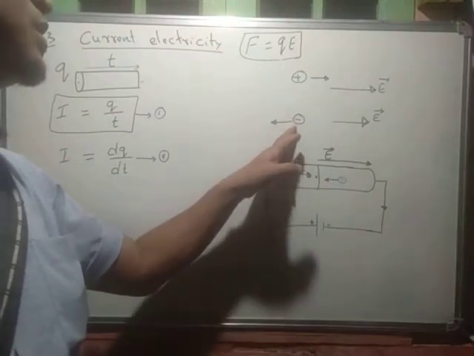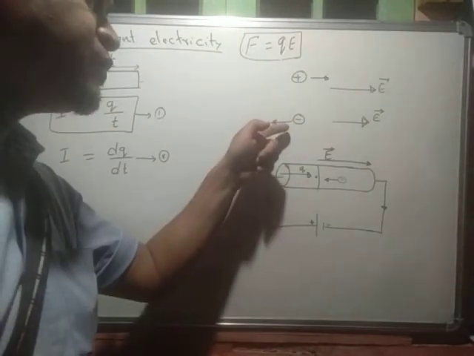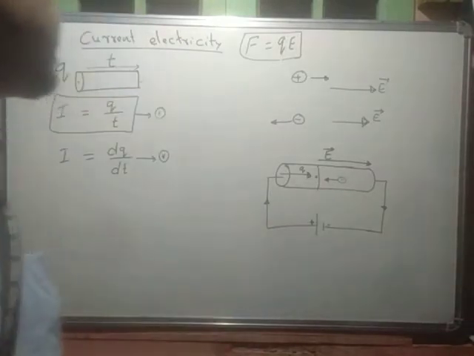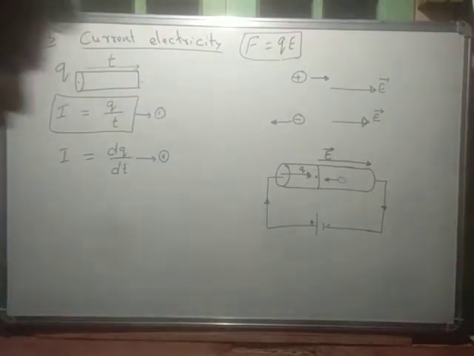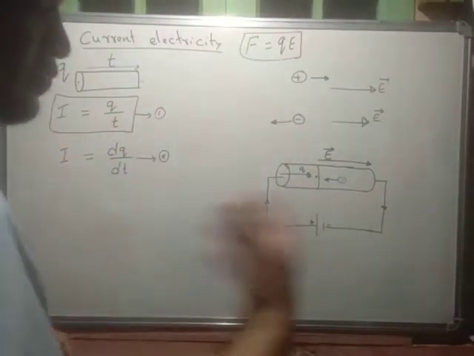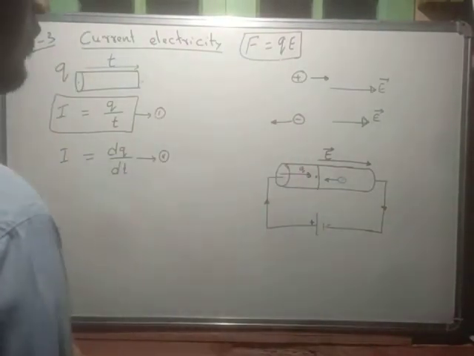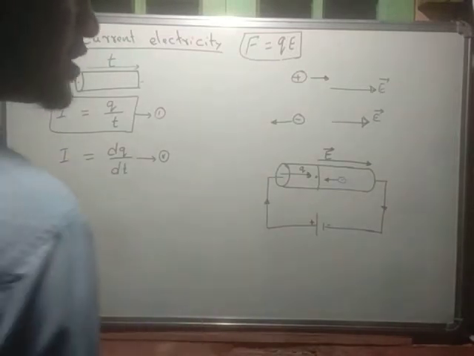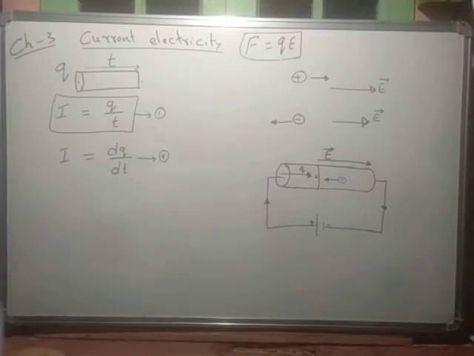And when the charge is negative, the direction of motion of the charge will be opposite to the electric field. So because a charge is moving as it experiences a force, this motion of charge in the conductor constitutes an electric current.